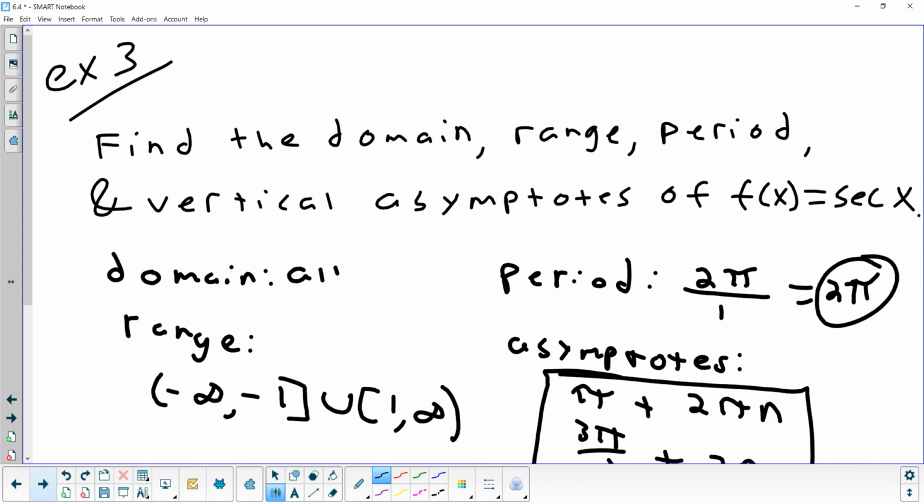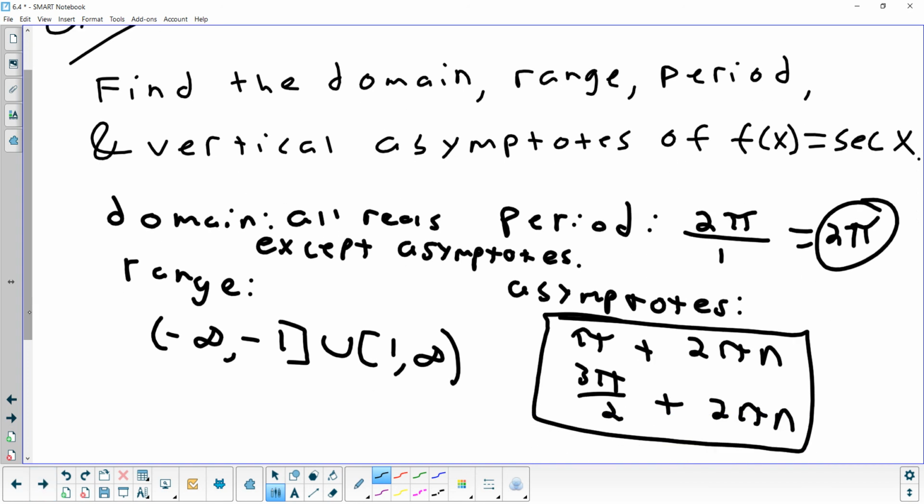So that's how we can write it: domain, all reals except the asymptotes. Now, if you get the asymptotes wrong, you automatically have the domain wrong. You could also say the domain is all real numbers except numbers of the form pi plus 2 pi n and 3 pi over 2 plus 2 pi n.